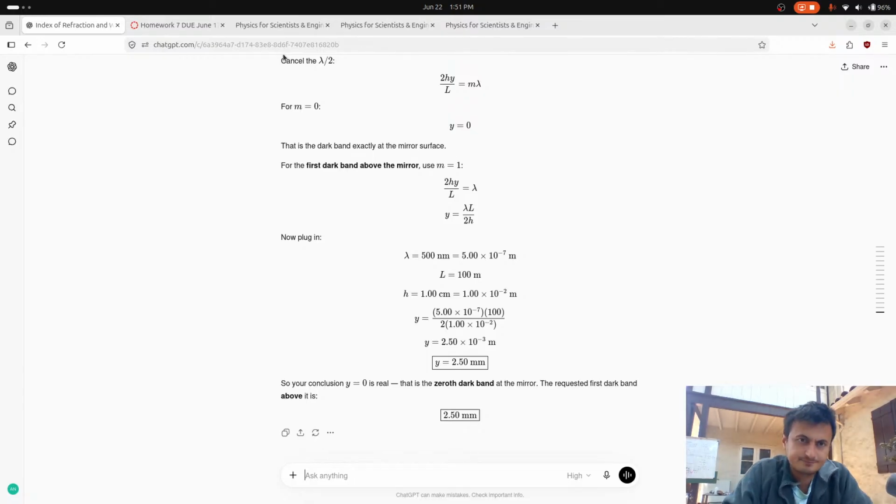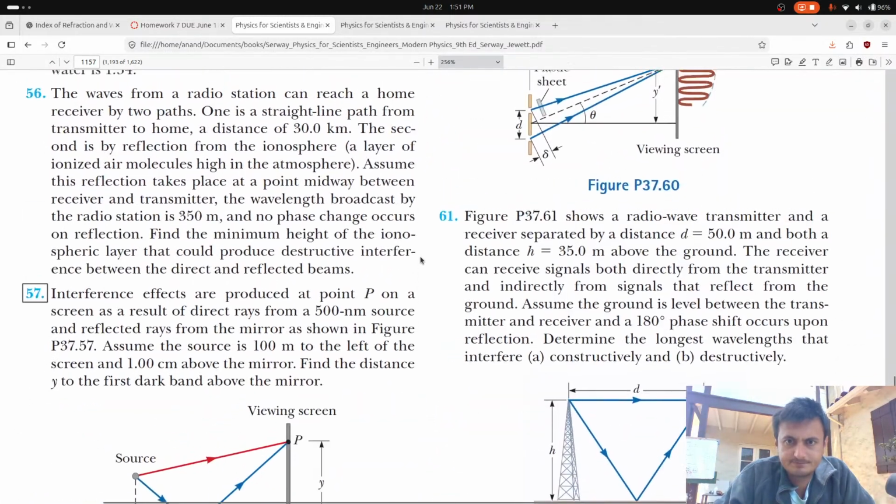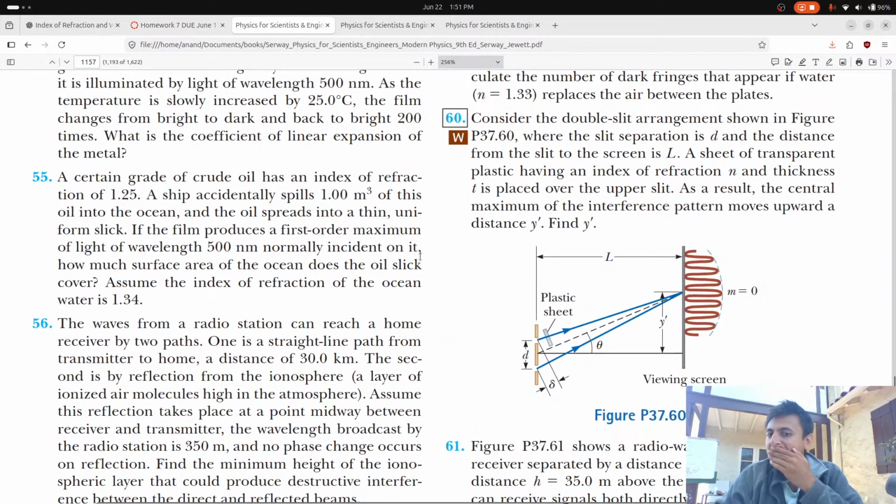Alright. Oh, this one's fun though. I like these double slit problems. They're actually not that hard.